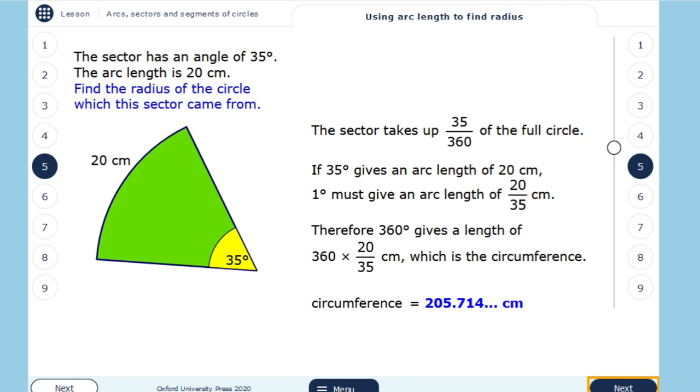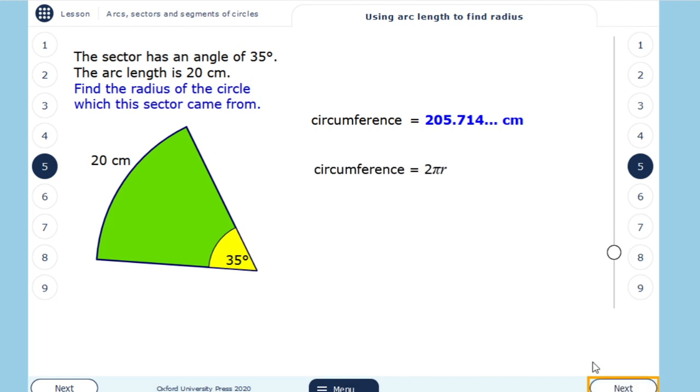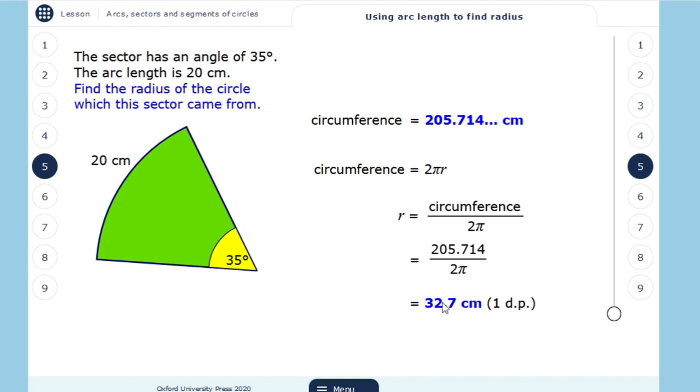So the circumference is 205.714. Now I can find r, which is the circumference over 2 pi, 32.7 centimeters.